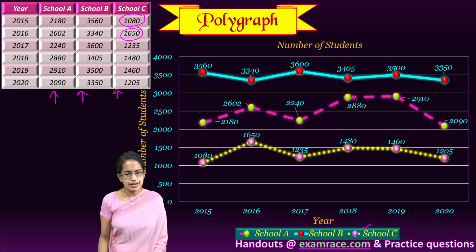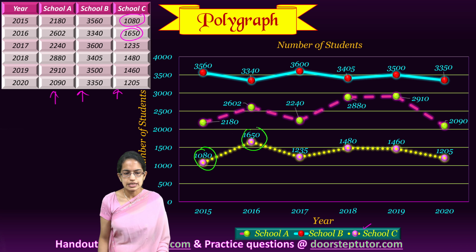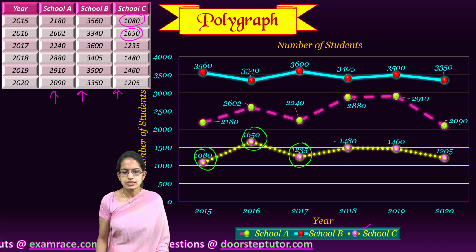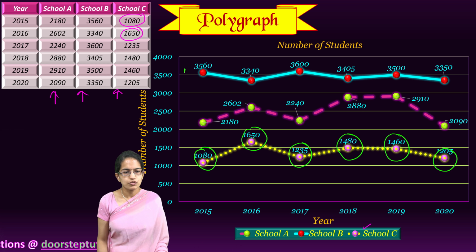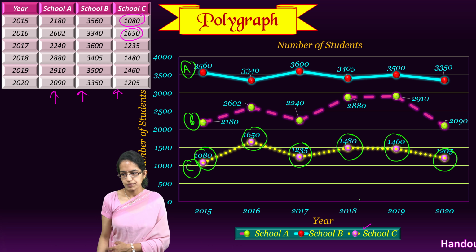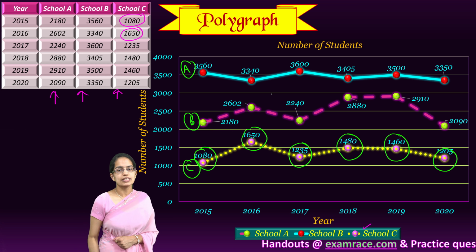These are the values represented for school C, and we can see the last curve shows the school C values, and then we have the values for schools A, B and C on the same graph.